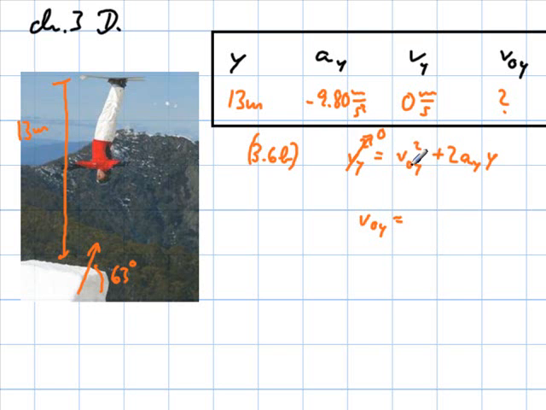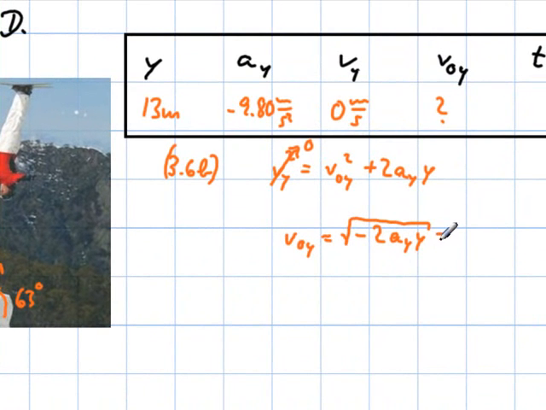So we get this to the other side, that introduces a negative, so we're going to have a negative 2ay times y, take the square root, equals, and we come up with something.